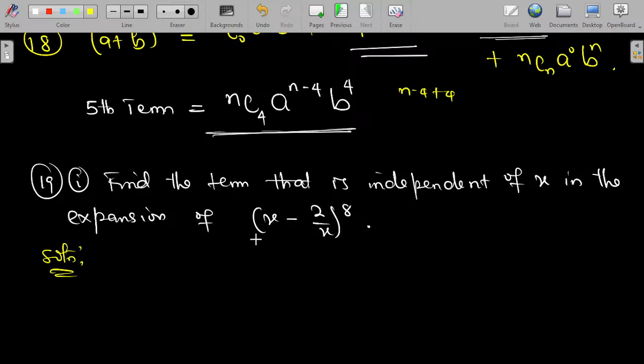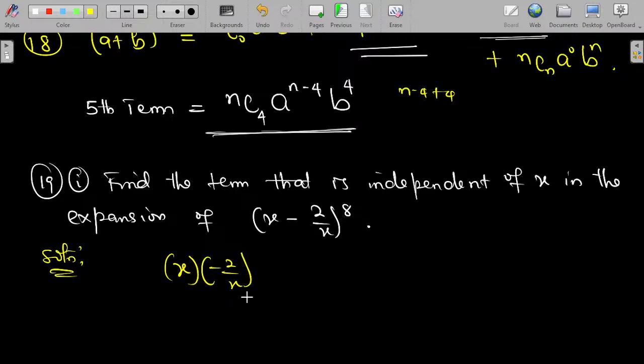So we want a situation where, remember, the first term is x and the second term is minus 2 over x. Whatever I raise the power of x to will determine what the power of this one will be. Now I need a situation where the power of this x is the same as the power of the x below, so that the two of them can cancel out. That is how I am going to get a term that does not have x.